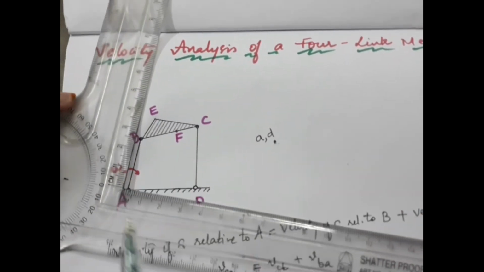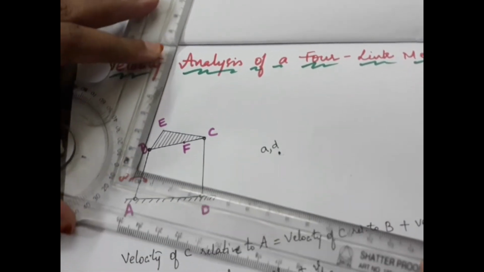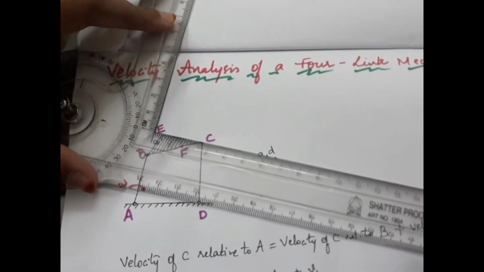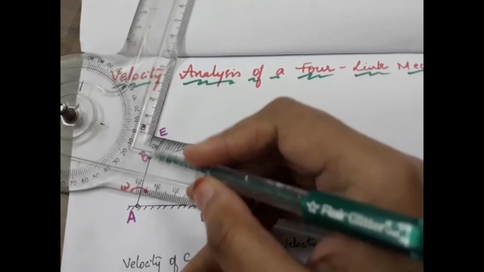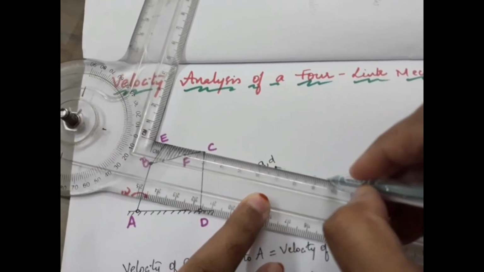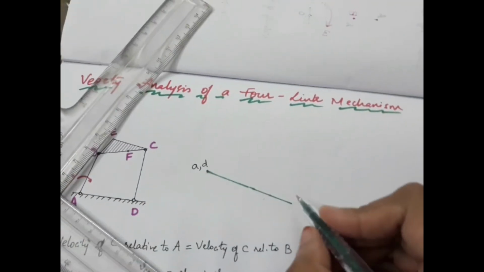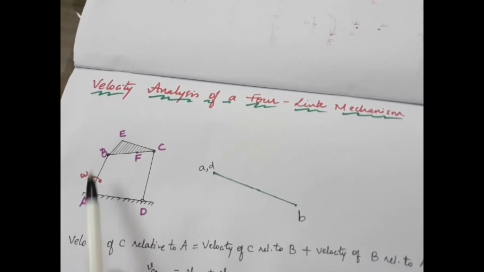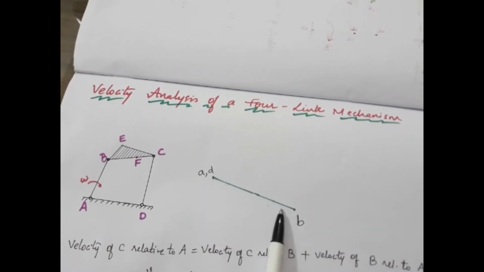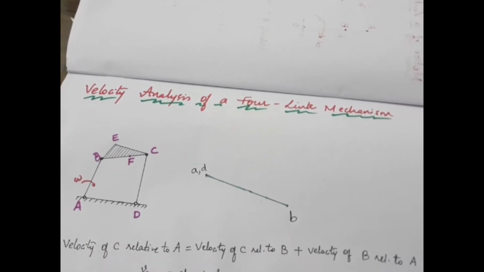I am aligning one of the perpendicular scales to this link AB, and I have to draw a perpendicular line to this link AB that will represent this B. So this AB vector is perpendicular to the AB link, and the length of this vector is to scale with the magnitude of the velocity of B with respect to A.